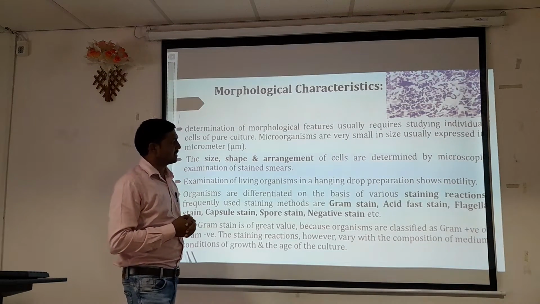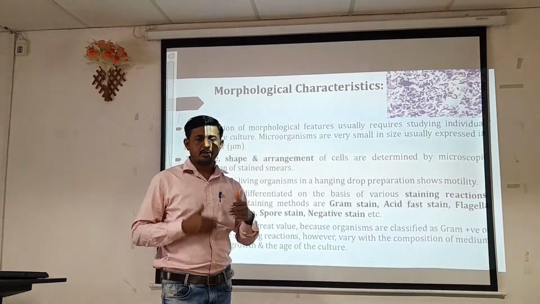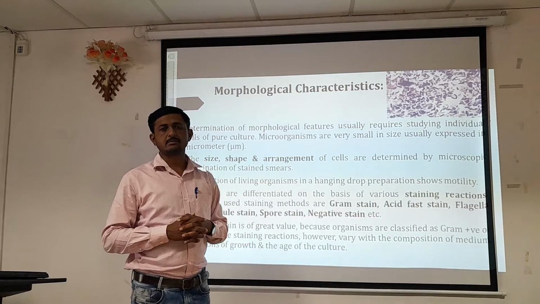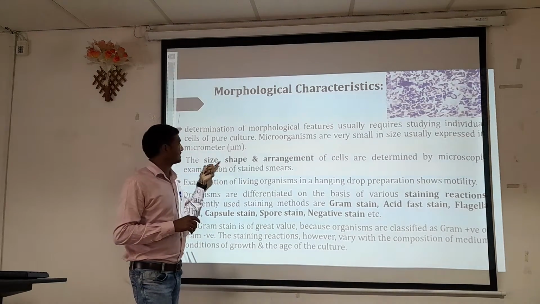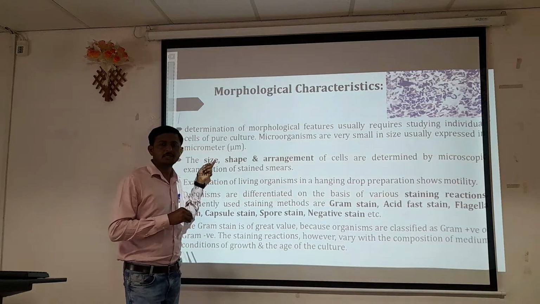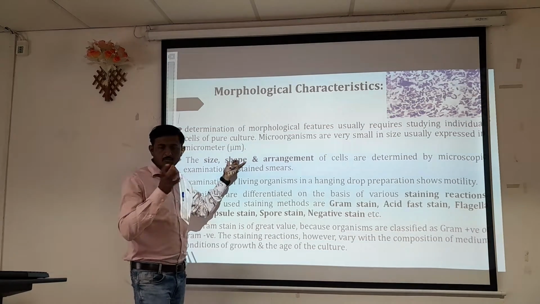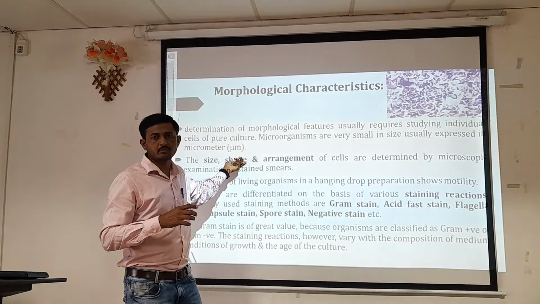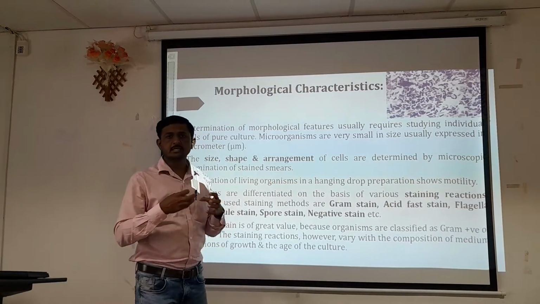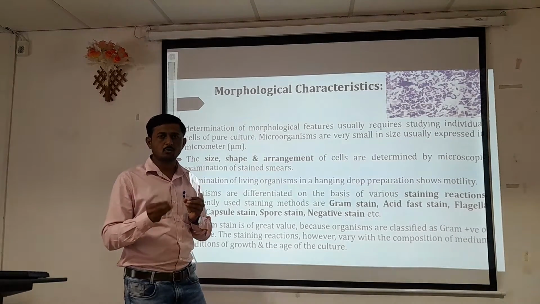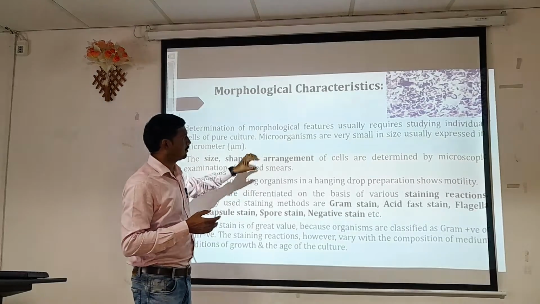Examination of living organisms in a hanging drop preparation shows motility. While discussing the bacterial cell, these are the morphological characters: size; shape, whether coccus, long rod or short rod; and arrangement, how the cells are arranged, whether singly, in groups, as diplococci, or in chains.